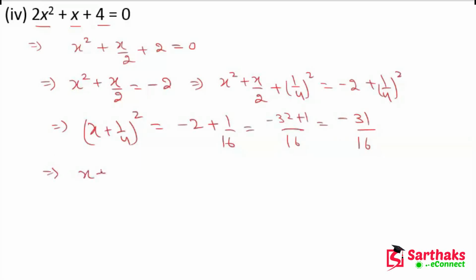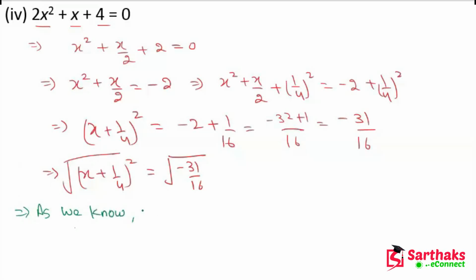Now we have x plus 1 upon 4 whole square is equal to minus 31 upon 16. Okay, because we are taking the square root on both sides. As we know, the square root of a negative number is not real.